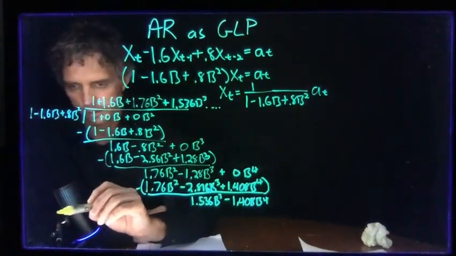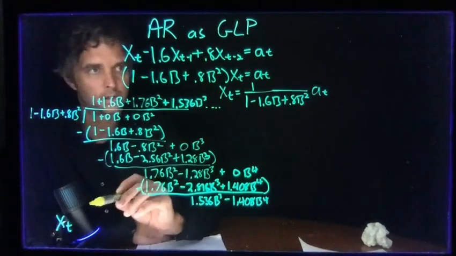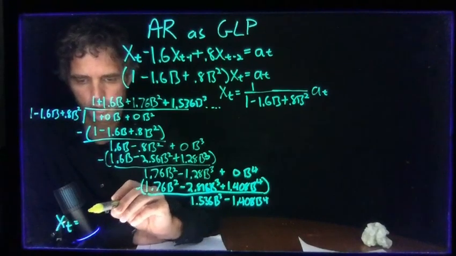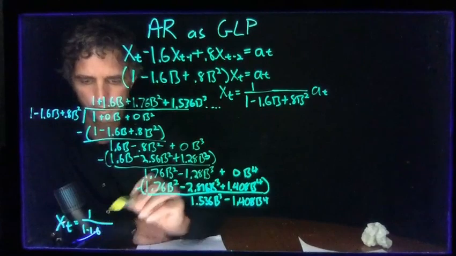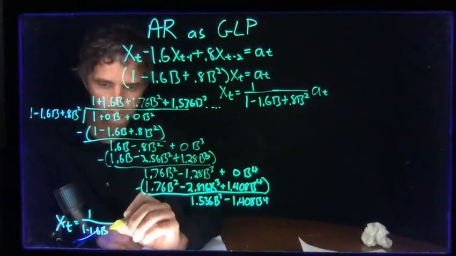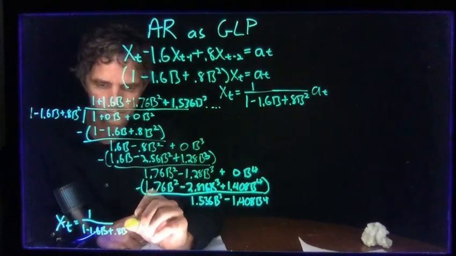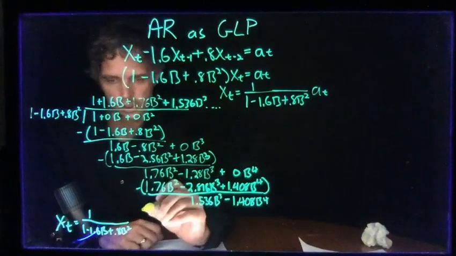So this is really xt, just spelling it all out, equals, what have we done? Well, we've said that it equals 1 over 1 minus 1.6b plus 0.8b squared. Said, okay, but do we know that? Yeah, we did the polynomial division.